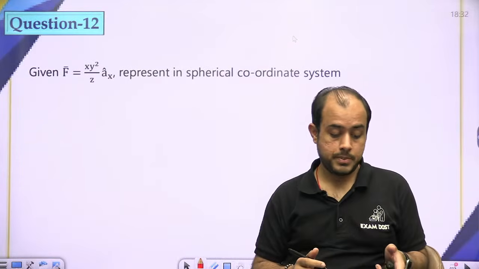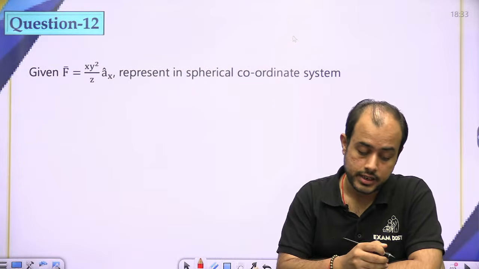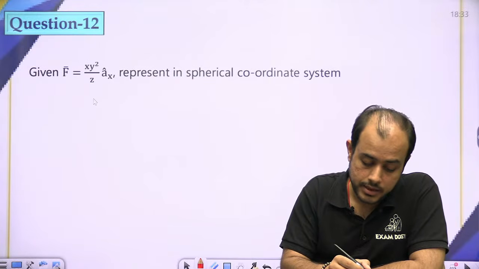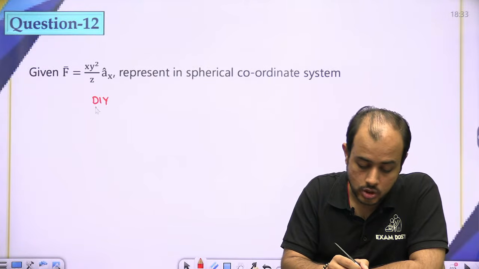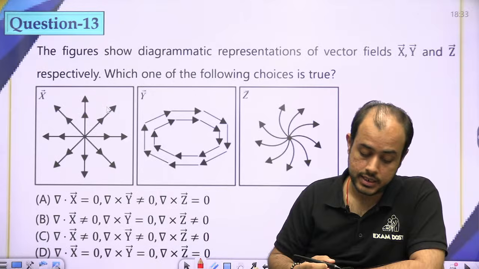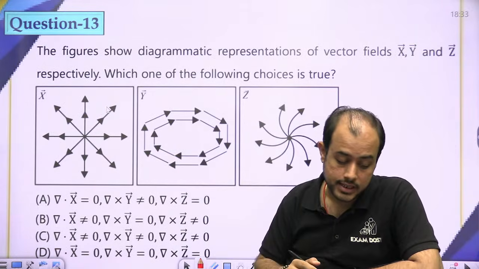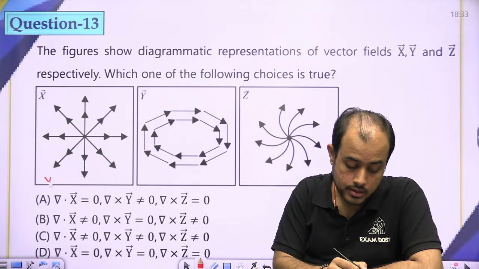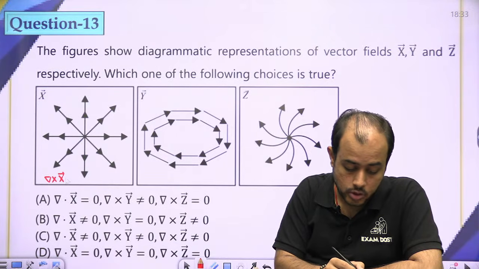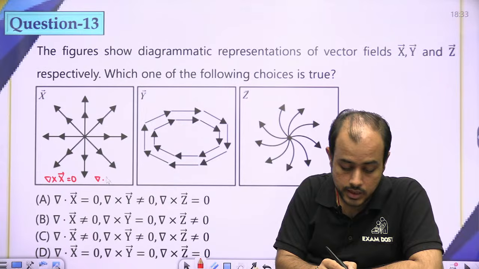Represent this in the spherical coordinate system, beta. अब ये मैट्रिक्स से आप लोग कर लेना, this is not very important from GATE perspective. Now see this x vector field is diverging, so curl will be 0, divergence will be non-zero.